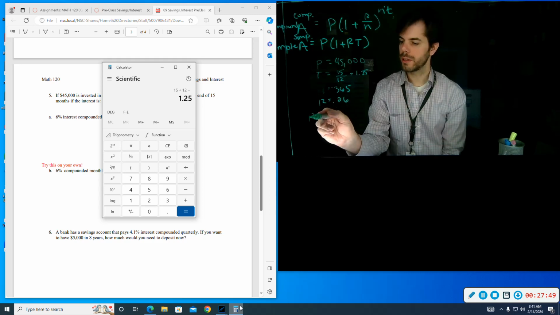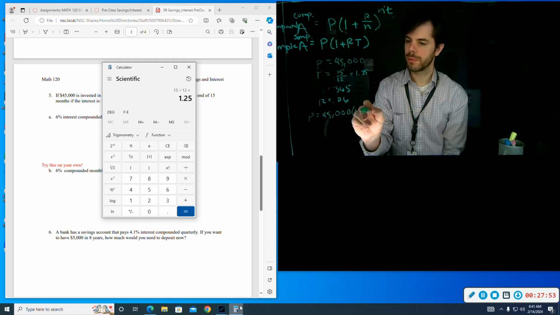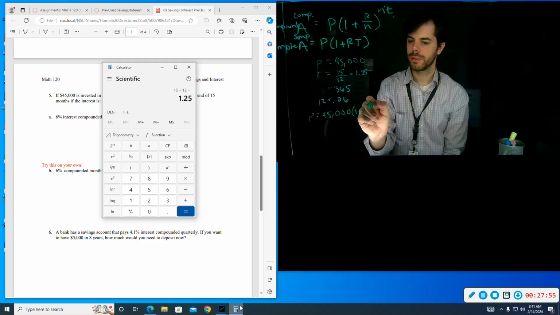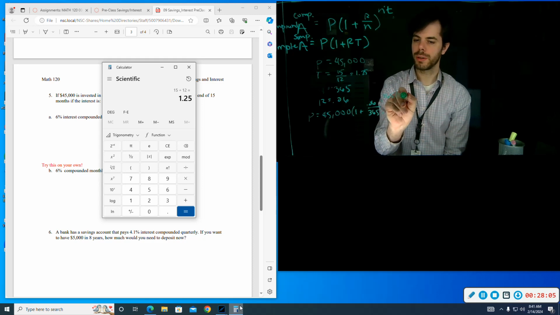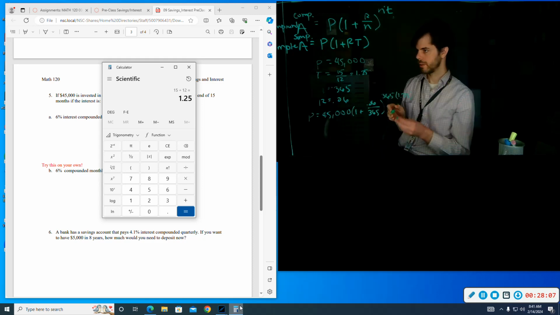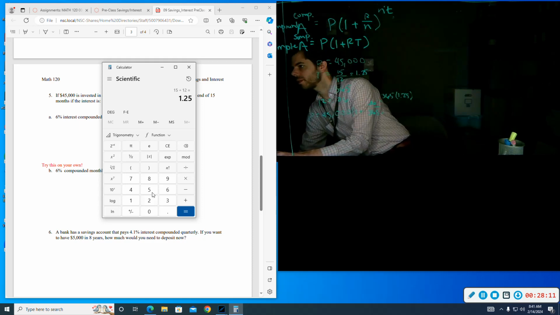So plugging all that in: 45,000 times (1 plus the rate divided by n) raised to the nt power, so 365 multiplied by 1.25. Okay, let's calculate that. What do we get? This is going to be a little hard to keep track of all the components.